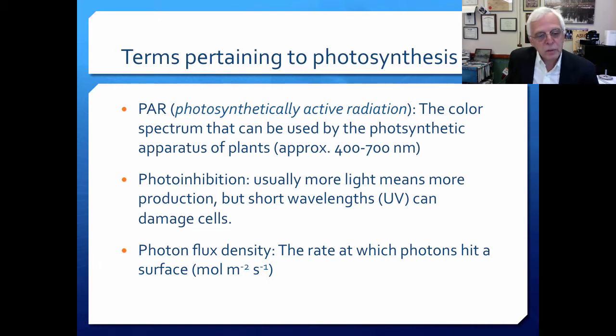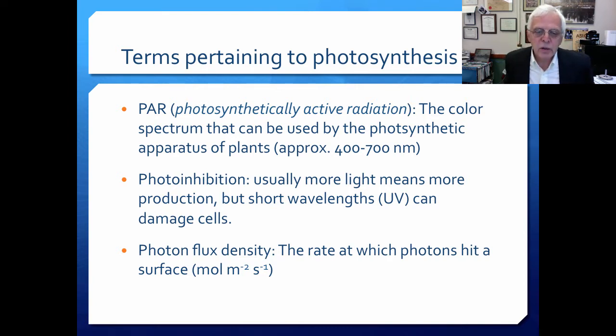Another term that you should know is photoinhibition. You have probably noticed that sometimes sound is too loud for you to be able to hear well or clearly. Sometimes you can get too much of any kind of stimulus, and the same is true for light. You probably have noticed this also. Sometimes when the sun is extremely bright and you're trying to drive, your eyes simply don't work terribly well because they're getting overloaded with light.